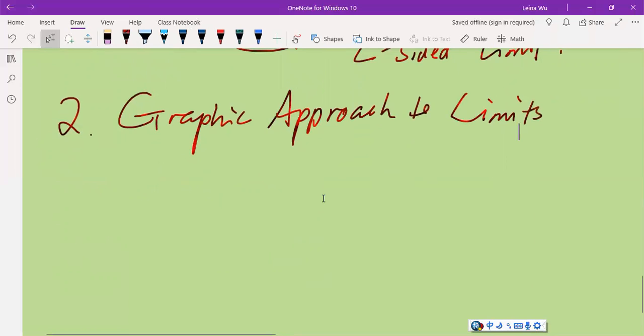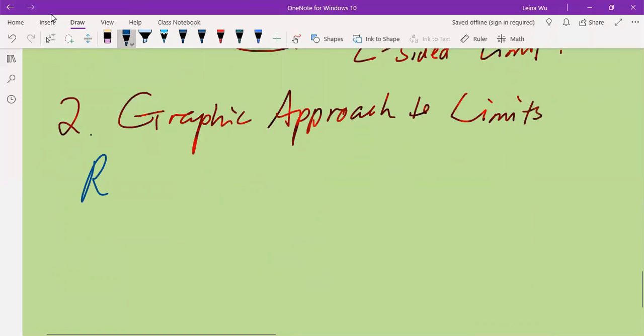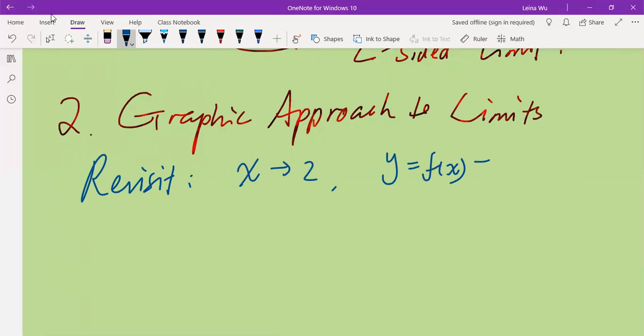Maybe the graph can tell us more about the function itself and its behavior. Okay. And we're going to revisit the same example as we did before, which is x getting close to 2 and y equals f of x equals x plus 1. Okay, approaching where?